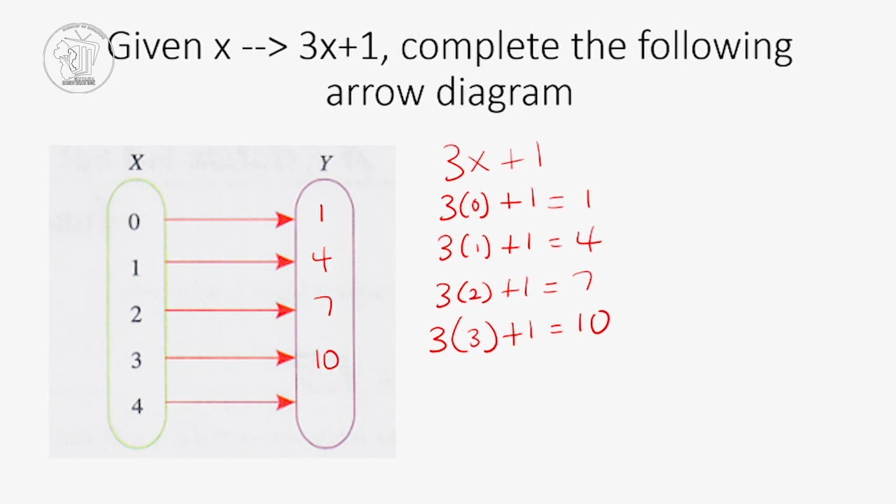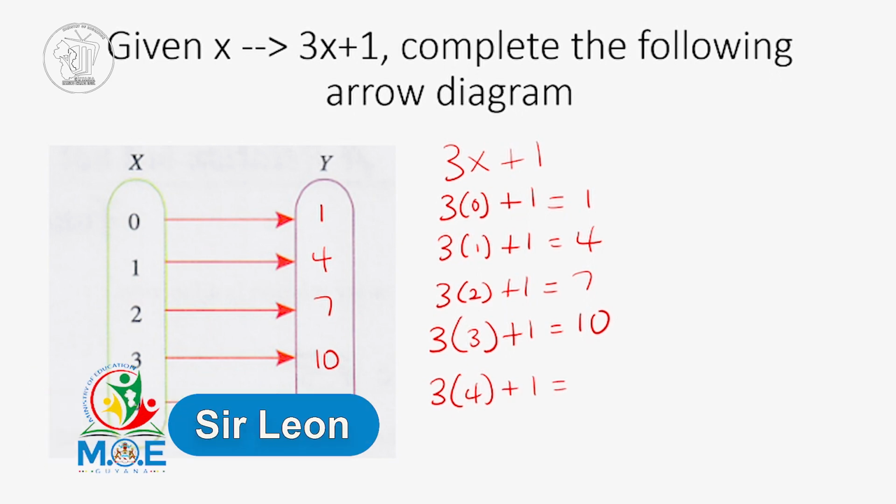Then we have 4. This will be 3 multiplied by 4 plus 1, would be 3 times 4 is 12, plus 1 would be 13. So 4 is mapped onto 13. And that is how we complete the arrow diagram. And if we are asked to list all of the elements in the codomain, those elements would be 1, 4, 7, 10, 13.